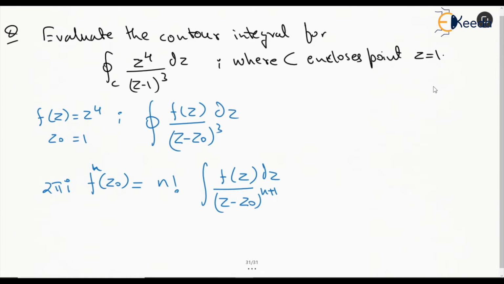This will be the nth derivative. So this is the Cauchy's integral theorem for the derivatives. We have seen this Cauchy's integral formula, right? This is the Cauchy's integral formula for the derivatives.